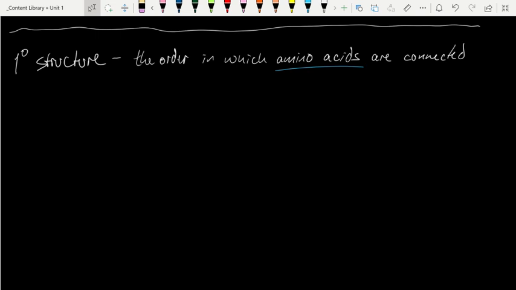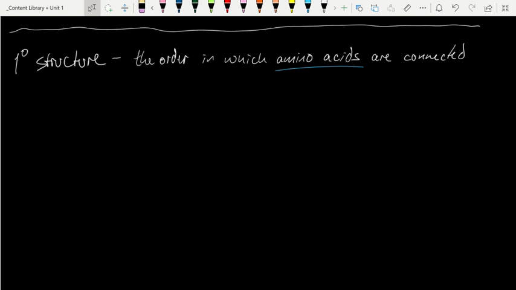And I would make note, right? Many genetic diseases, if I've got a mutation in the DNA, that has the potential to change the code. And if the code is changed, then I'm going to put in a different amino acid. Or maybe it gets mutated to a stop codon, and then I just stop way too early, and so the protein becomes truncated.